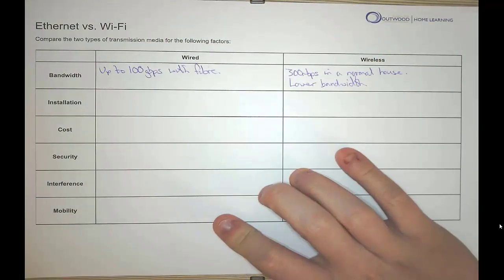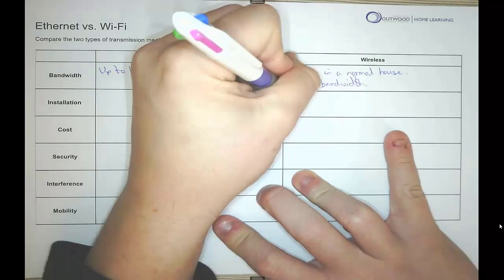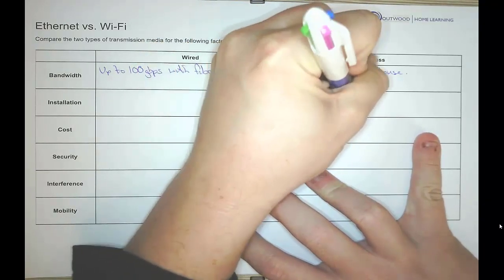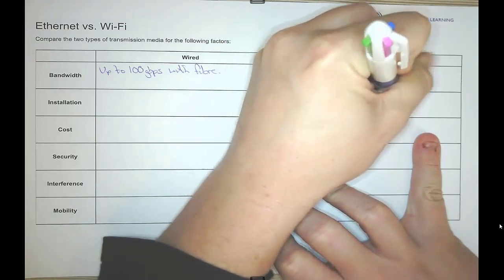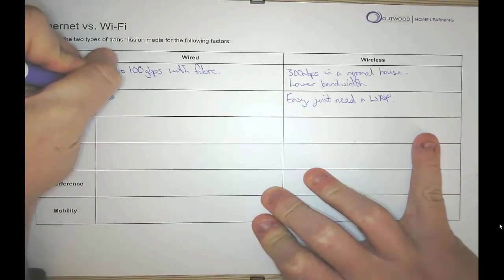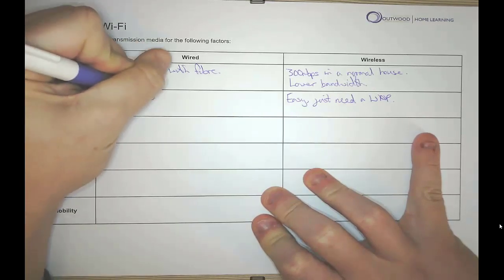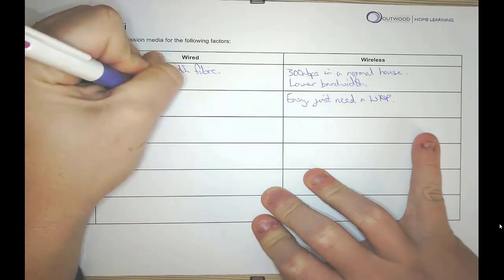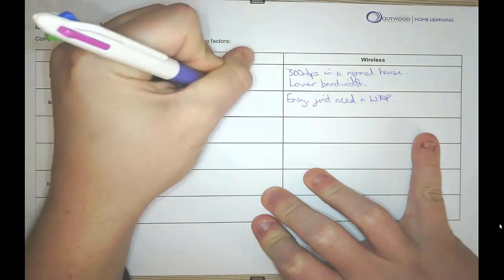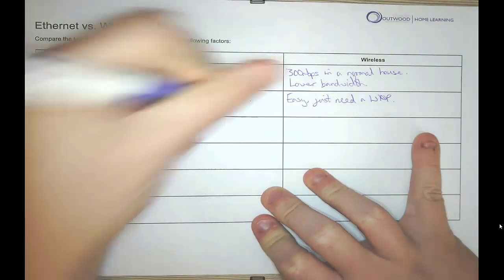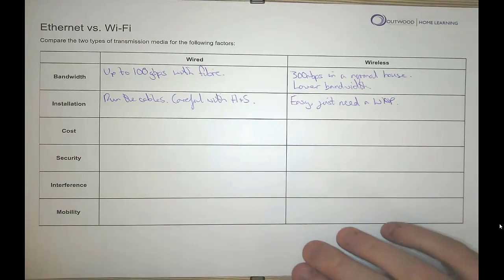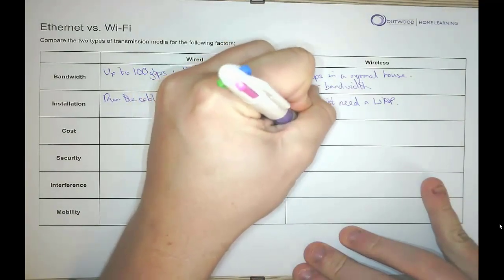Okay, in terms of installation then, for wireless, straightforward. Just need a wireless access point. But with wired, you need to run the cables. Be careful with health and safety. Trip hazards, things like that. So installation can sometimes be a lot trickier. In terms of cost then, wireless, quite cheap.